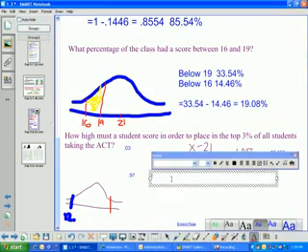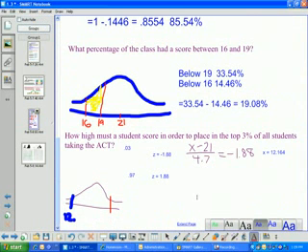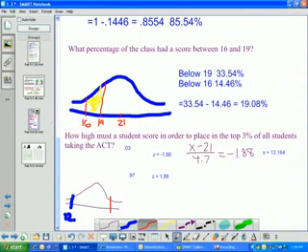So my z is 1.88. So if it's a positive, then I have x minus 21 divided by 4.7 equals 1.88.